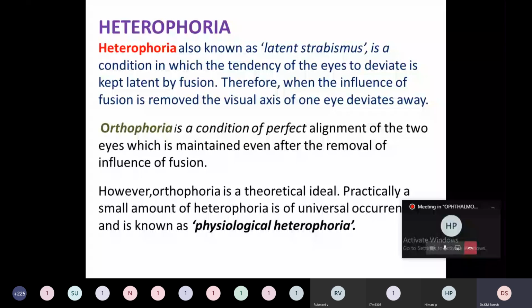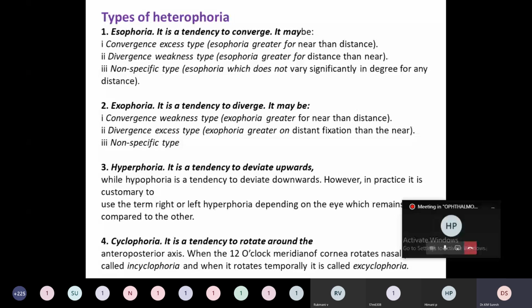It's a form of relaxation for the ocular system. Coming to the heterophorias, if you know the side headings, that's more than enough. There are various types of heterophoria. Esophoria is a tendency to converge, as I told you earlier.